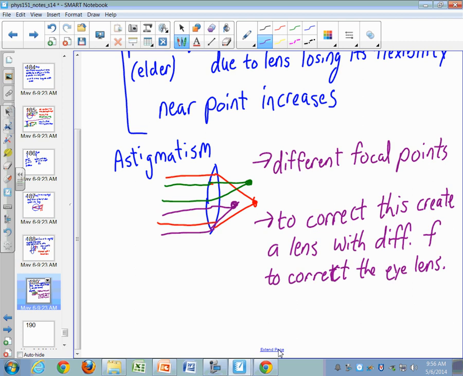Those are the last two sections. The other methods of vision correction goes into LASIK and then other problems. Right, just up to astigmatism. We'll just stop there.